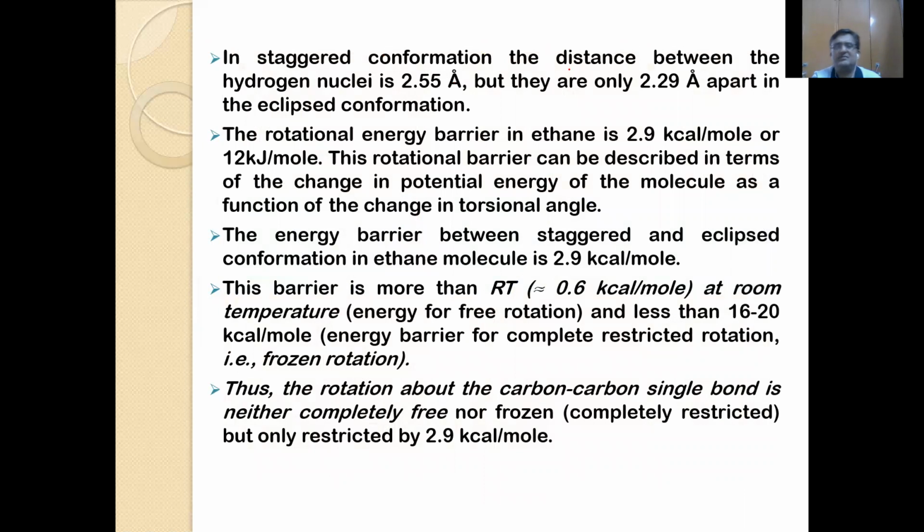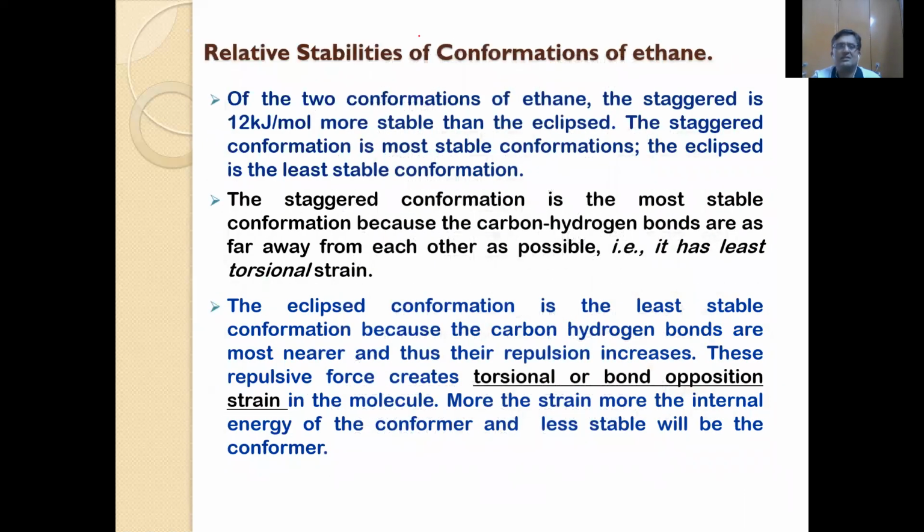In the conformations of ethane, the staggered form is 12 kilojoules per mole more stable than the eclipsed form, because the groups are far away from each other and the torsional strain is very low.